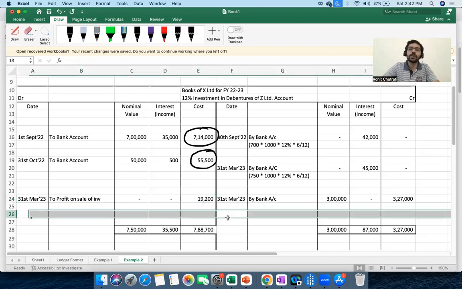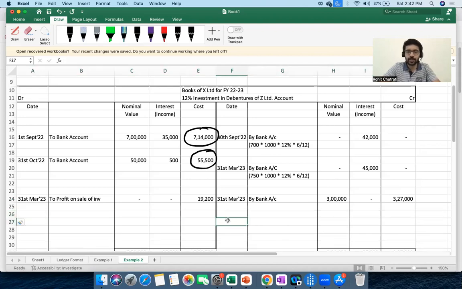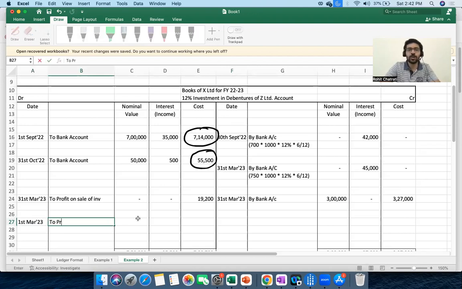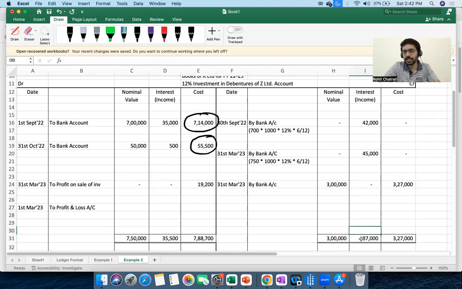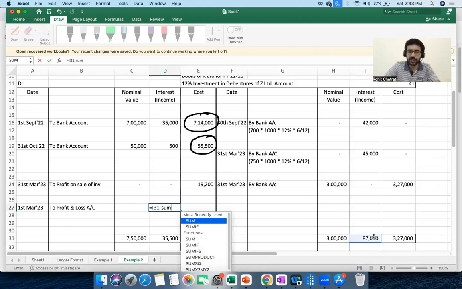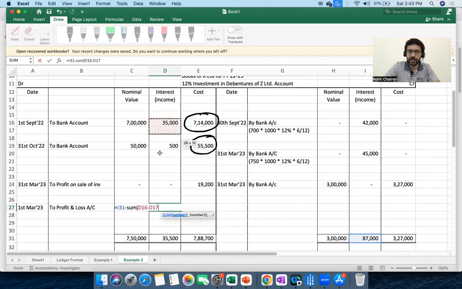The answer is no. You will have to put the closing entries. First, let us put the closing entries for the interest income account. The interest income account at the year end will be transferred to profit and loss account. If you look at it, the total of interest income is actually 87,000. Over here, you have 35,500. Therefore, the balance will be 87,000 minus 35,500.